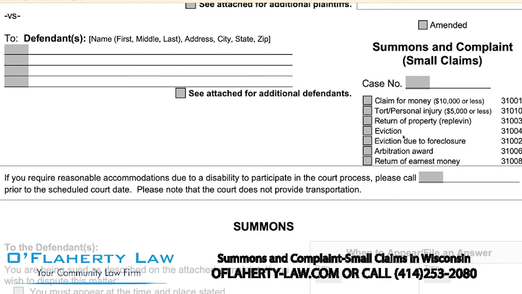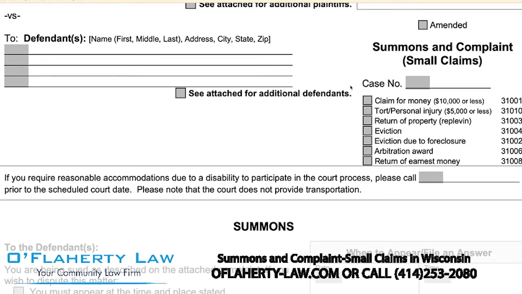Small claims handles evictions, so these are two of the options. Enforcement of an arbitration award. The small claims court isn't going to arbitrate something for you, but if you received an arbitration award, you haven't gotten it yet, you can enforce that in small claims. And the return of earnest money, which has a few different possibilities.